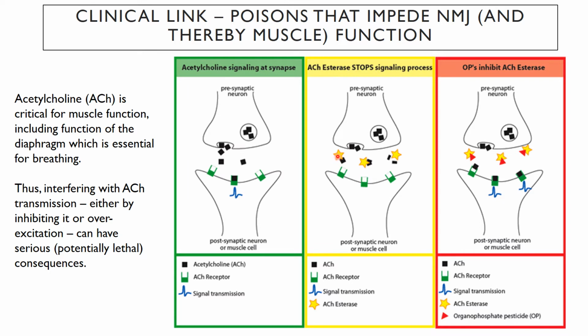Acetylcholinesterase is this critical enzyme that is there to help regulate how much acetylcholine is at the synapse. So you have acetylcholinesterase there to help break down the excess acetylcholine so that you get normal regulation of muscle contraction. You want acetylcholine to be released, activate the muscle, and then stop. So that's the role of acetylcholinesterase.